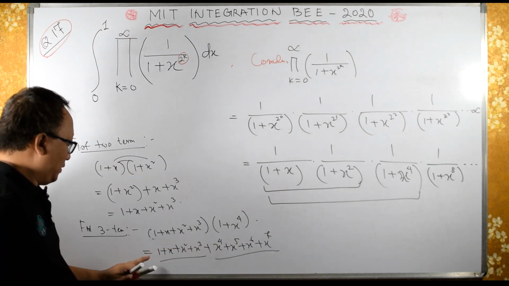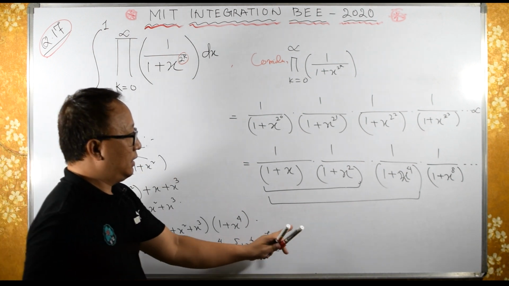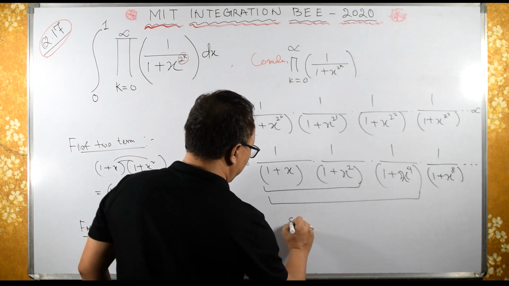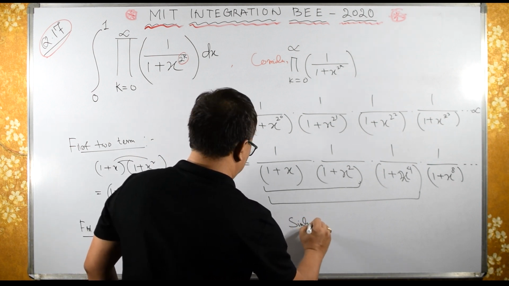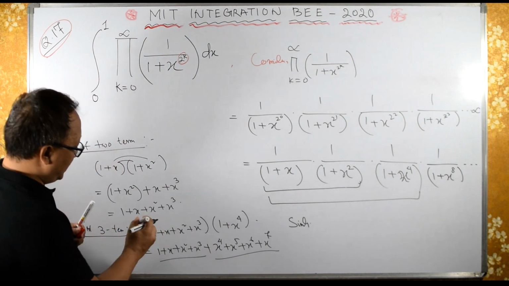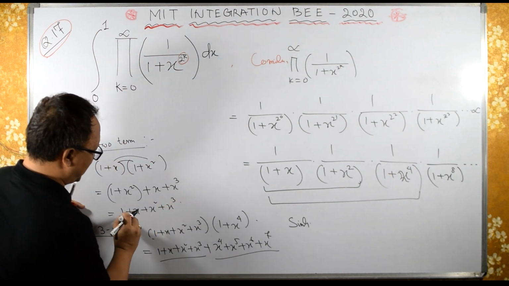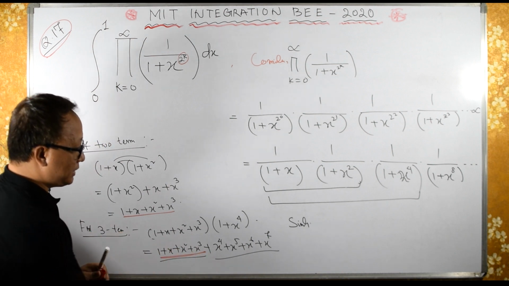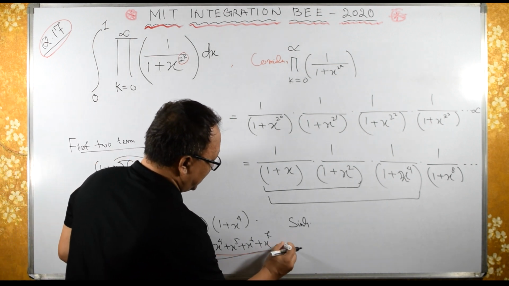Similarly the whole thing: you can see in the first two terms we have up to x cube, and then with the third term we have up to x to the 7. So it keeps on increasing.